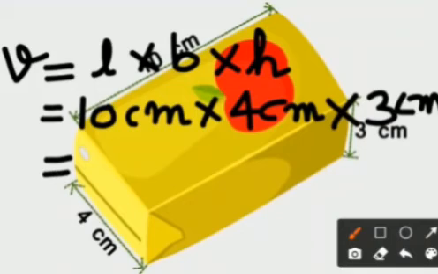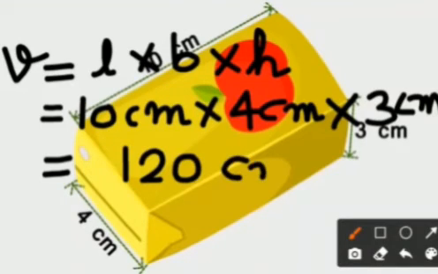So 10 fours are 40 and 40 threes are 120 centimeter cube, or we can write 120 cubic centimeters.